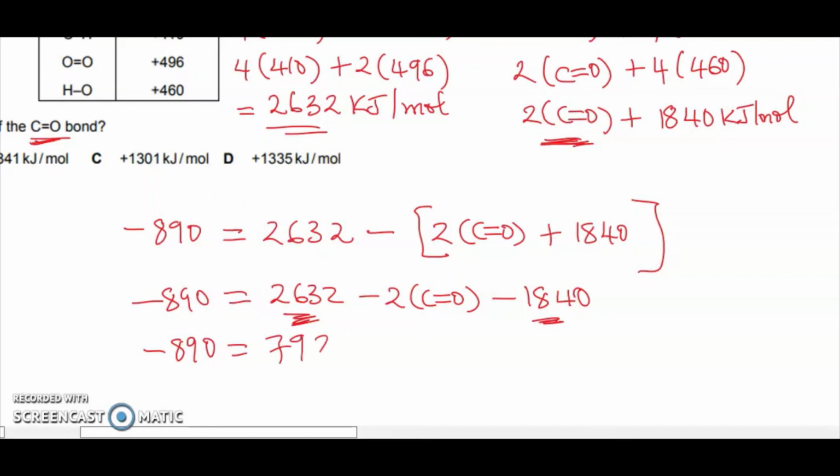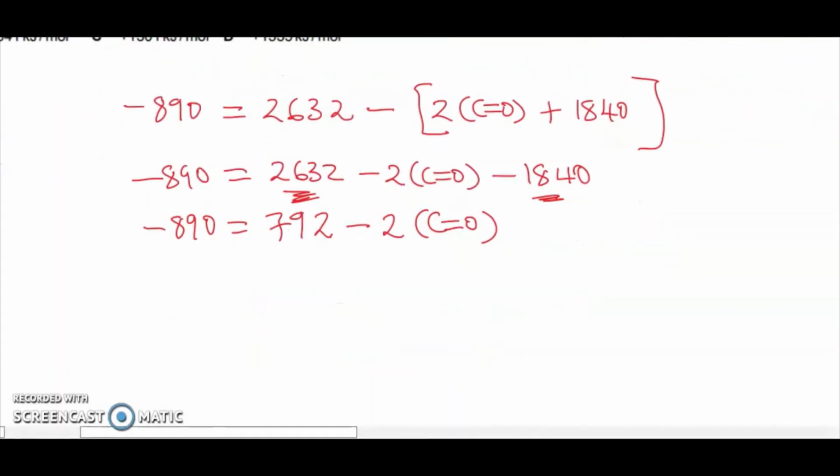So 792 minus 2 CO bond. Okay, I think it's getting more interesting. So here now we're going to have 2 CO bond. It will be equal to, what have we done?